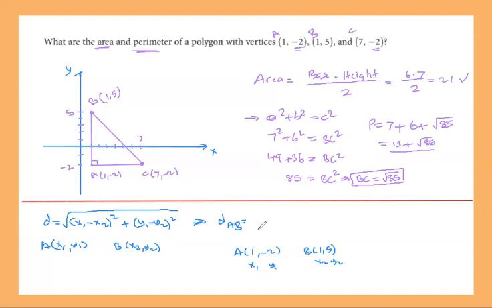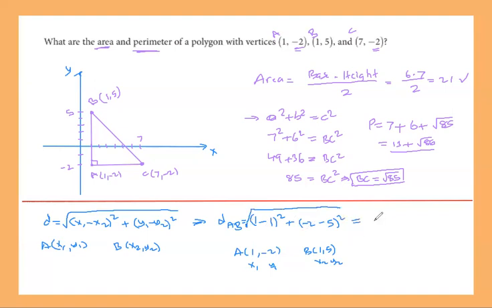So that's my x1, that's 1, and then there's a minus x2, that's also 1, so that should be squared. And then y1 is this number, negative 2, minus y2, which is 5. And then if I take the square root of this sum, I should be getting my answer.